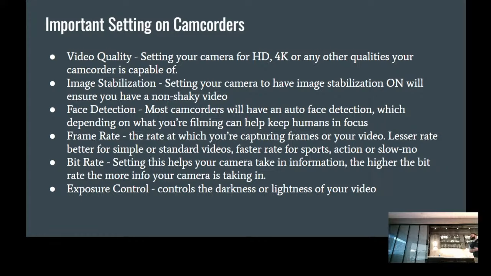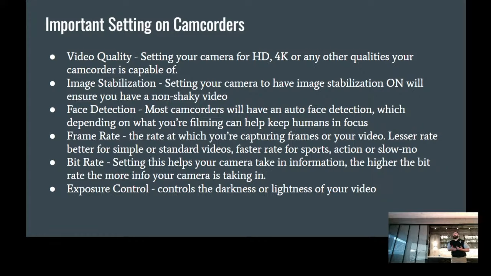So start out with the video quality. Setting your camera for HD, 4K, or any other quality your camcorder is capable of. And I strongly recommend choosing it based on what you are using and shooting. If you're primarily focused on videos for social media, do you really necessarily need 4K, or can HD get the job done?